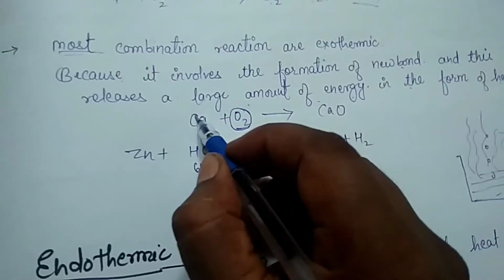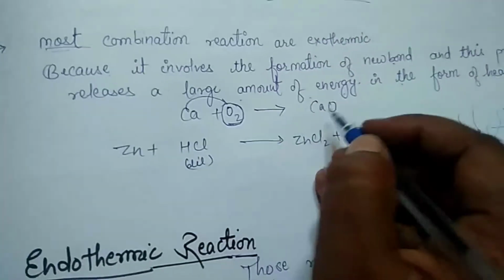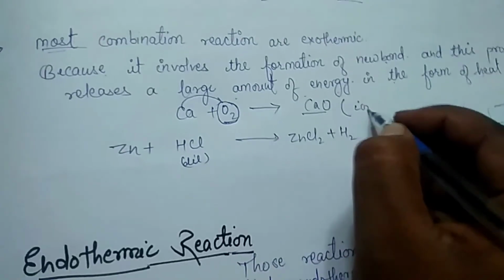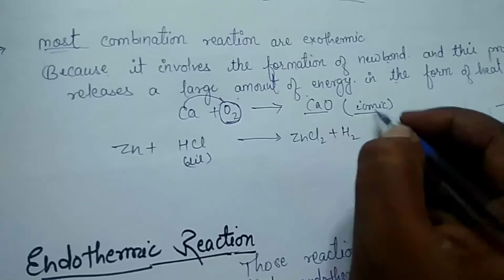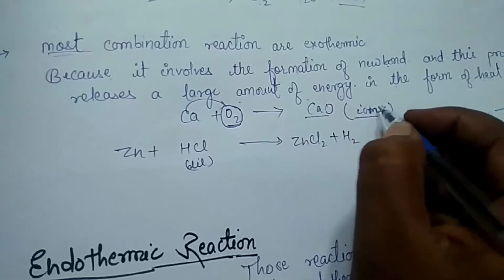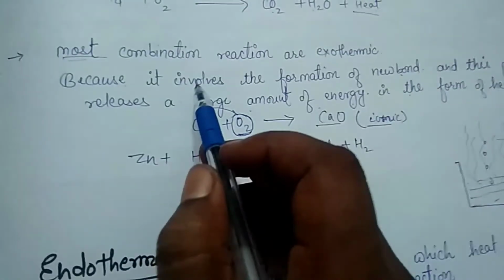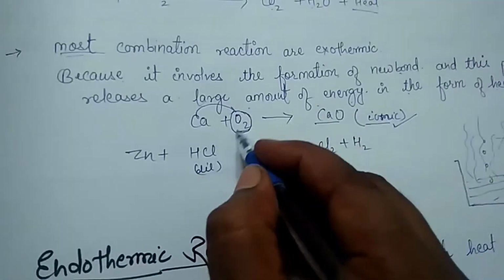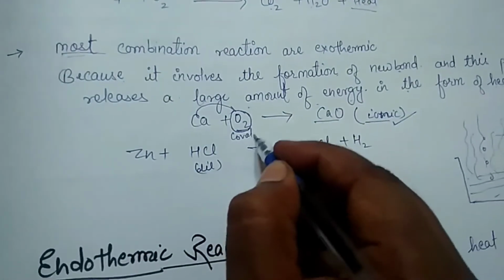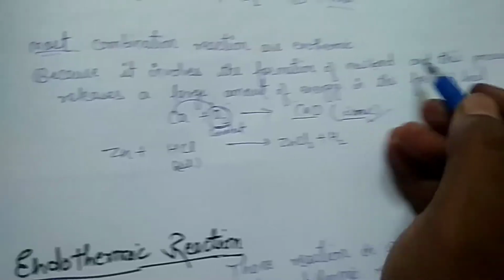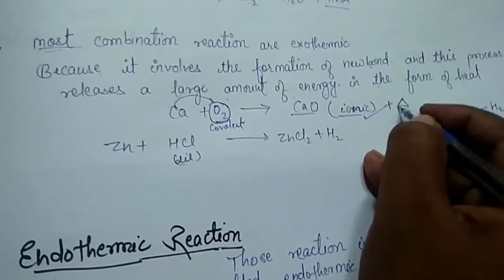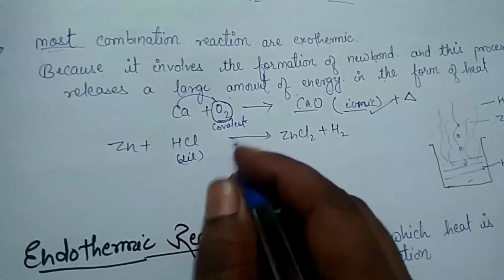When calcium attacks these molecules, it forms calcium oxide, and there is an ionic bond involved in this. So a combination reaction involves the formation of new bonds, and this releases a large amount of energy. Easy. Now the second example.